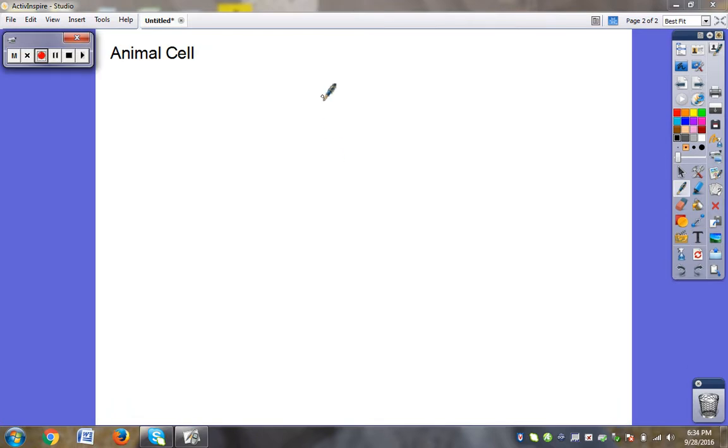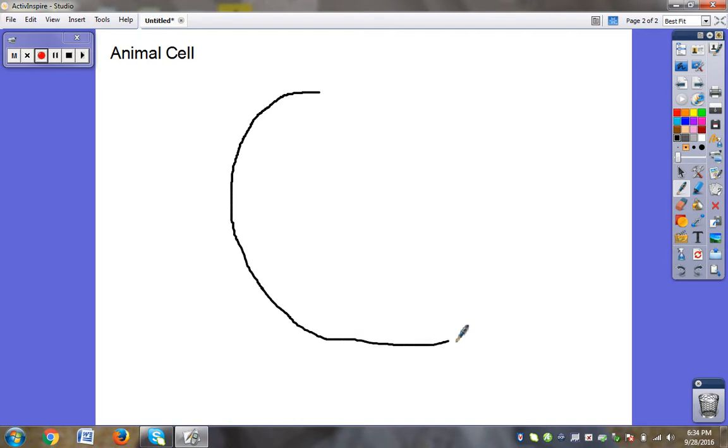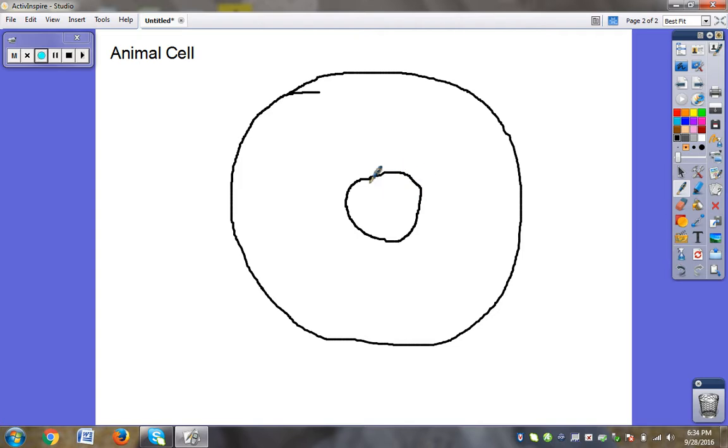So we're going to start with an animal cell, and we're going to make that animal cell kind of circular or even blobby. It doesn't have to be a perfect circle at all, because not all animal cells are. And within that cell we're going to draw another blobby thing in the middle. Actually, let's do a little labeling first.